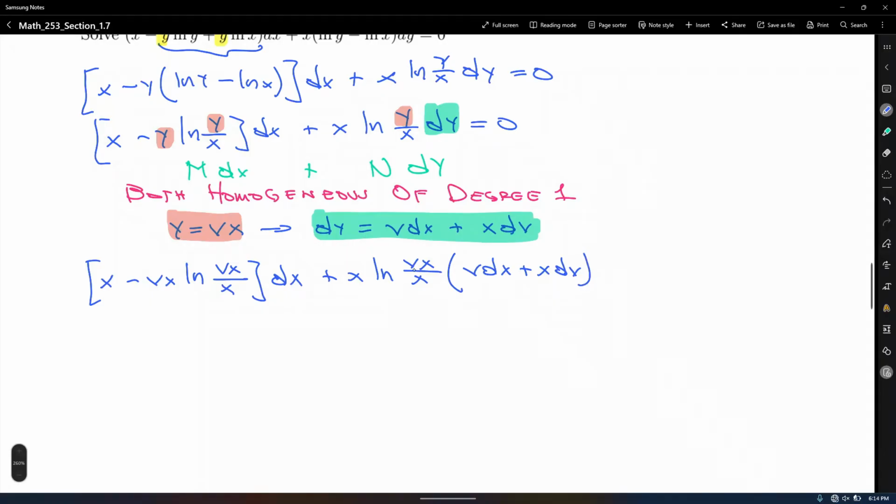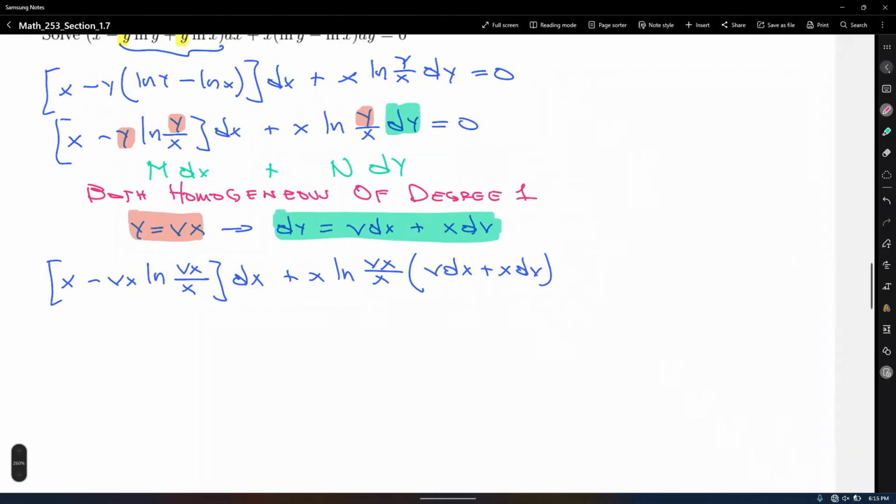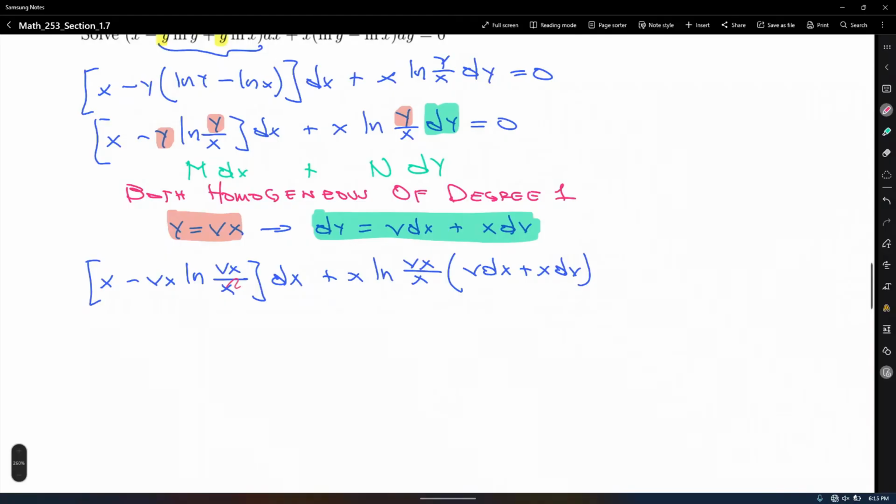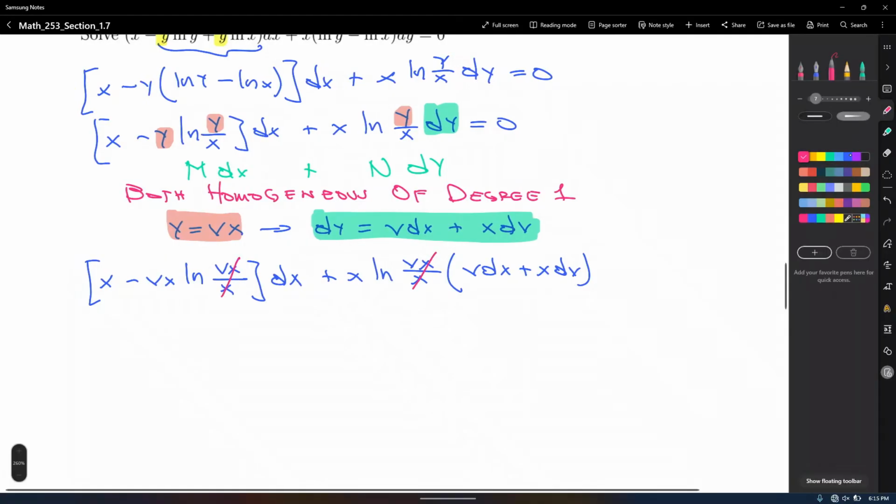So this x ln of all this madness is going to be distributed later to the two terms. Okay, what do we do next? How about we eliminate these x's, and let's see. That's x minus vx ln v, all this dx.